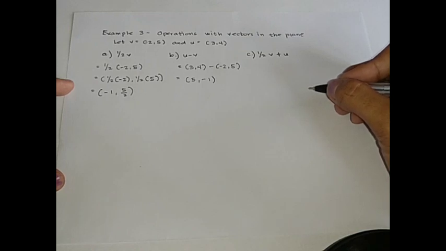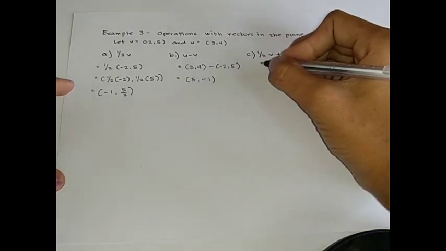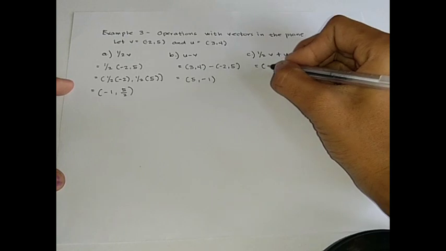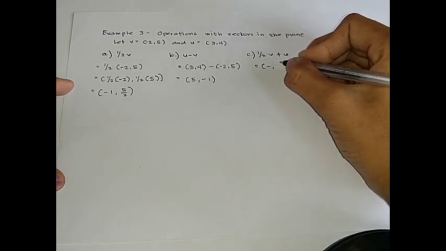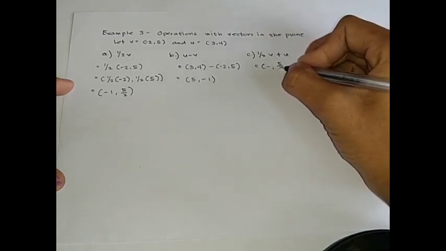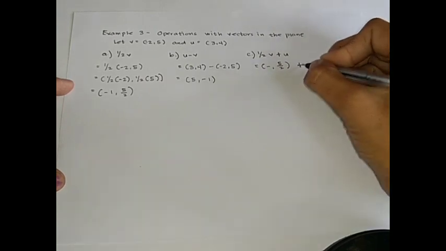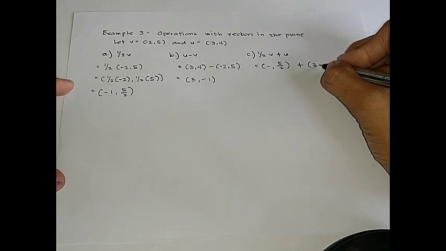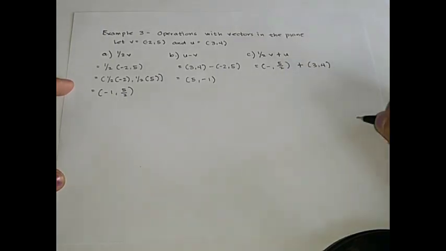For letter C, 1/2 times v plus u. Using the result of part A, 1/2 times v is equal to (-1, 5/2) plus the value of u, which is (3, 4).